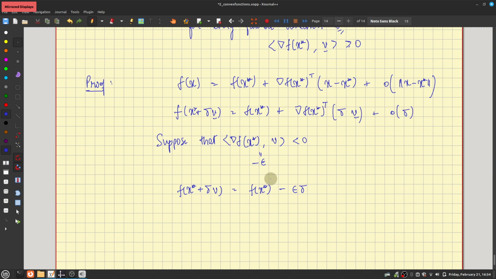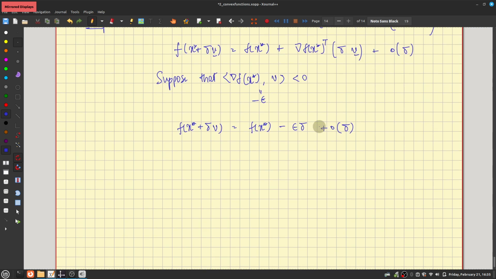Epsilon is fixed, it is some fixed number, plus little o of delta, something that decays much faster than delta. So if you take a small enough delta, for all delta less than some particular quantity, this term dominates over this particular term.